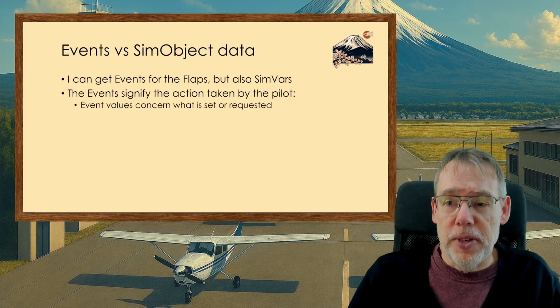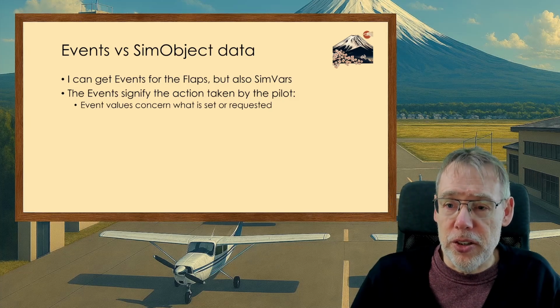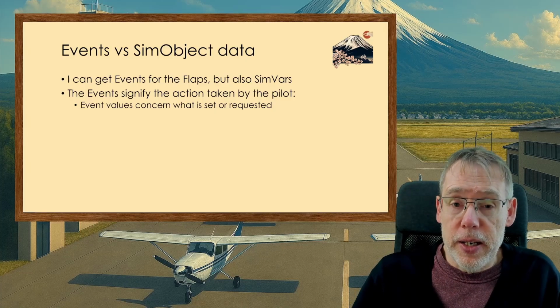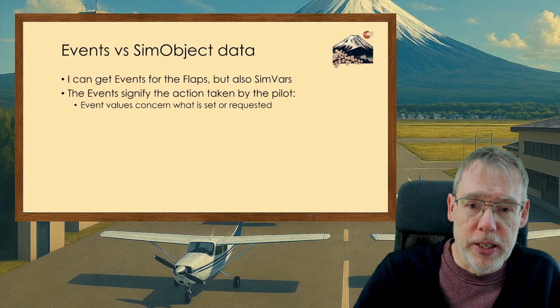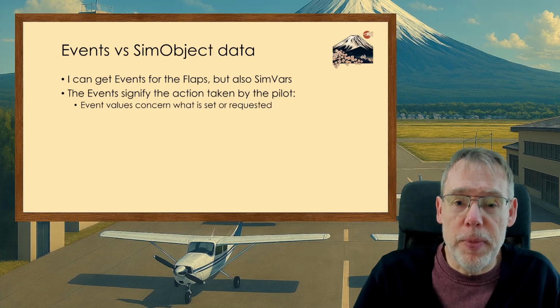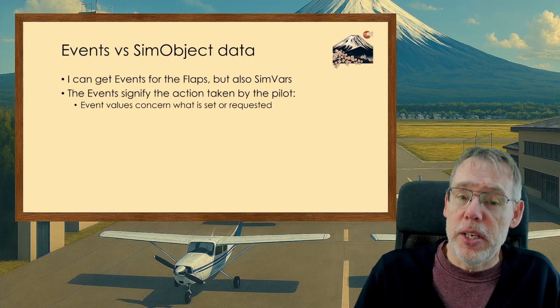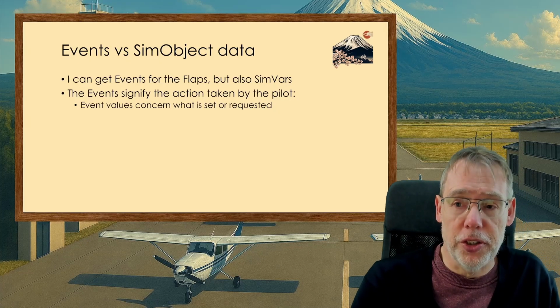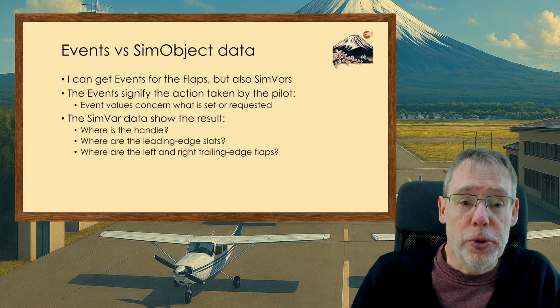So the event values concern what is set or requested. So the value will indicate where, for example, the flap handle or the throttle handle is set. That doesn't necessarily mean that immediately the aircraft has already taken the appropriate action on this. SimVar data will show the result.